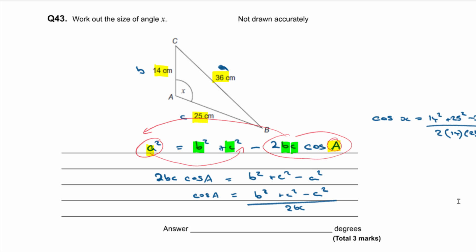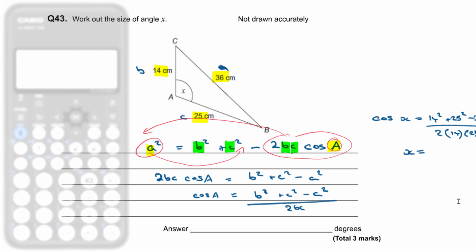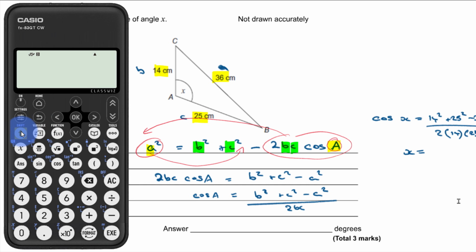Actually, we want the inverse cosine of this as well. So x is equal to, we're going to use shift cos, and then the fraction key, so I've got a numerator and denominator to fill out, and I'm going to do 14 squared plus 25 squared minus 36 squared on the top.